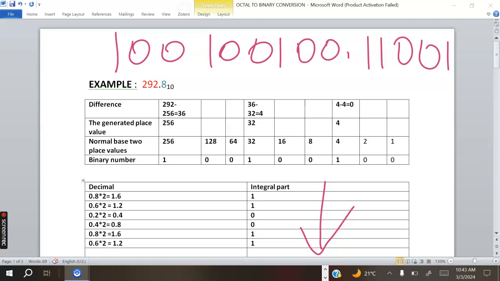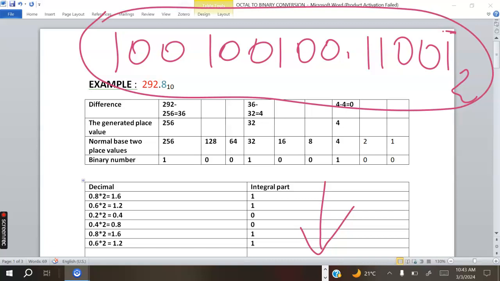Then it's supposed to be base 2. So this is 2. Then for 1, 1 is repeating. So that is the correct answer for this particular question. That is 292.8 base 10.